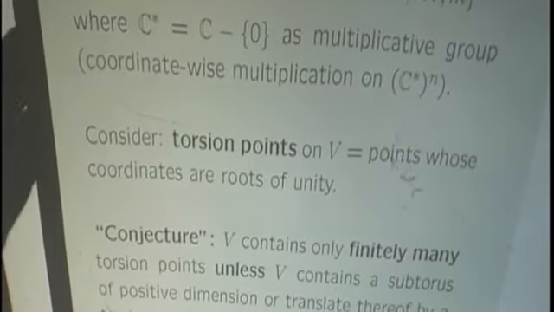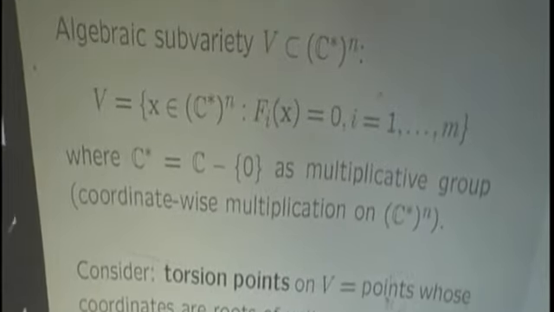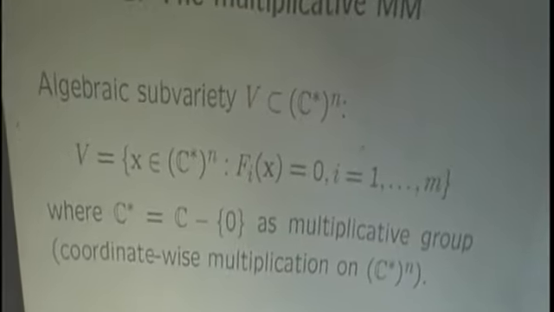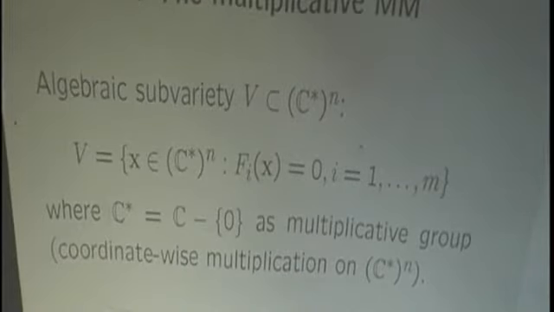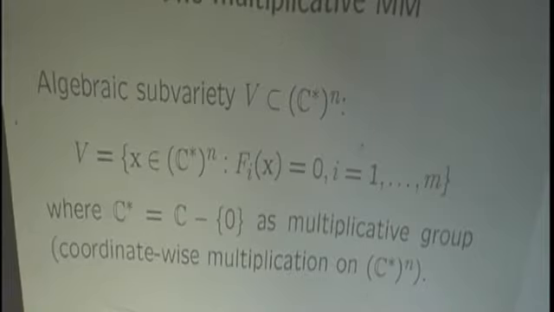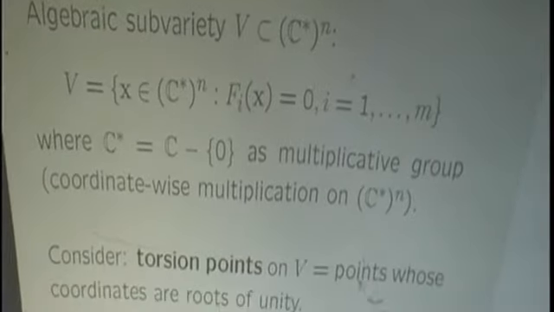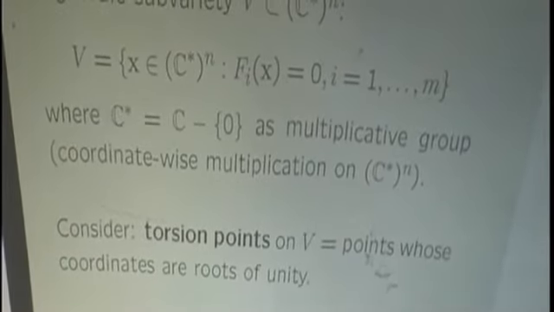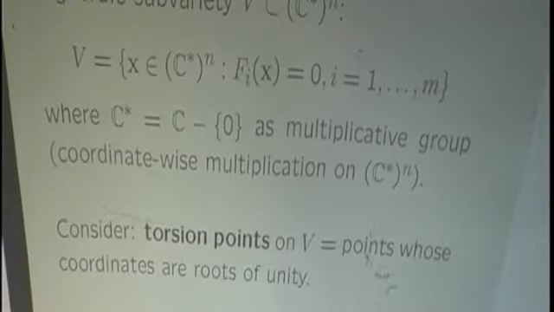So we have an algebraic variety in (C star)^n. So V will be defined by some polynomial equations, and from C^n, we just remove all the points with a 0 coordinate, and that means that our variety is sitting inside a group variety, (C star)^n, with coordinate-wise multiplication, and we're going to consider what torsion points of (C star)^n lie on V, and these will simply be points whose coordinates are all roots of unity.